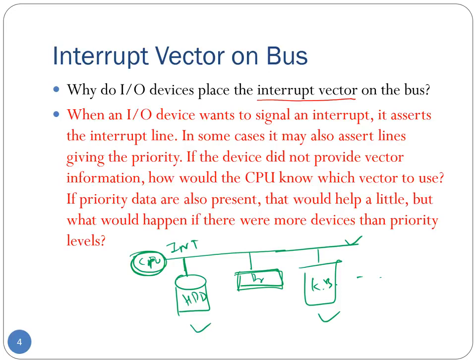The way these IO devices identify themselves is with the help of this interrupt vector. As we discussed in the class, once the interrupt has been acknowledged, the interrupting IO device will place a small integer on the bus, which will help the CPU recognize or identify the device.